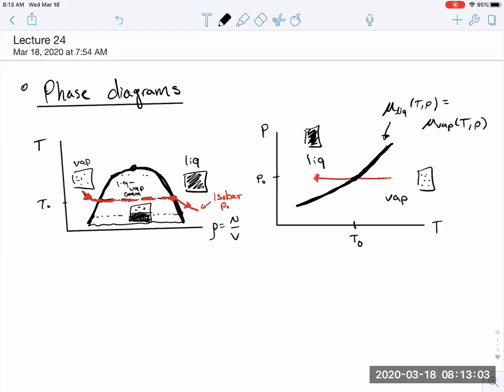Now there are two arguments for those functions, temperature and pressure. And so I have one equation, two unknowns. There's not a unique solution. In fact, there's a line of solutions in the temperature pressure plane, and that line is exactly what we've just found.